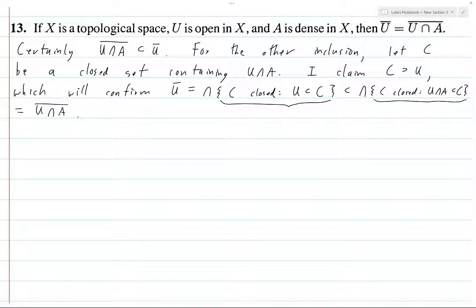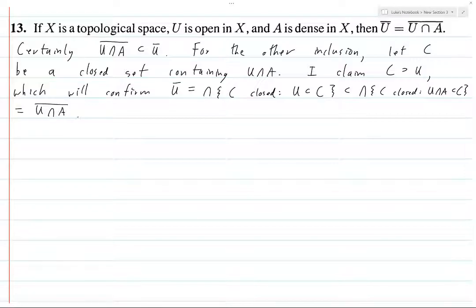And so when we take these intersections, on the left-hand side we're taking an intersection of a bunch of sets, which include all of the sets that we've written on the right-hand side, but it could also include more sets. And so that's going to be contained in this intersection of just these sets over here. And so that's why this inclusion holds. Okay.